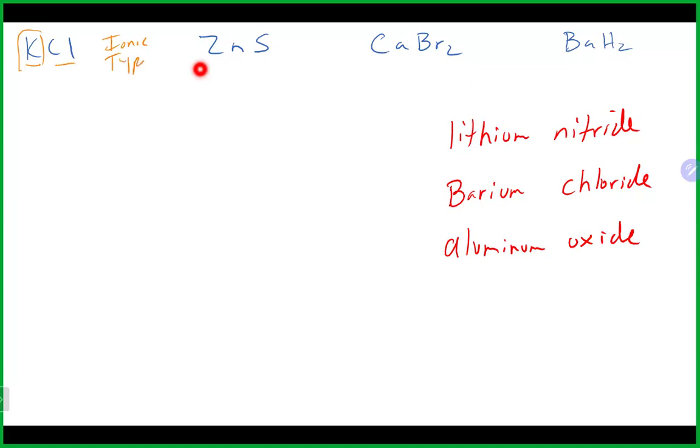So that's going to tell you it's type 1 that we're dealing with at this particular point. So at that point, really, that's all you need for the naming part is to identify it as type 1. We're going to use the whole name of the metal, which in this case would be potassium. The non-metal is going to get the IDE at the end of it. So chlorine will become chloride.